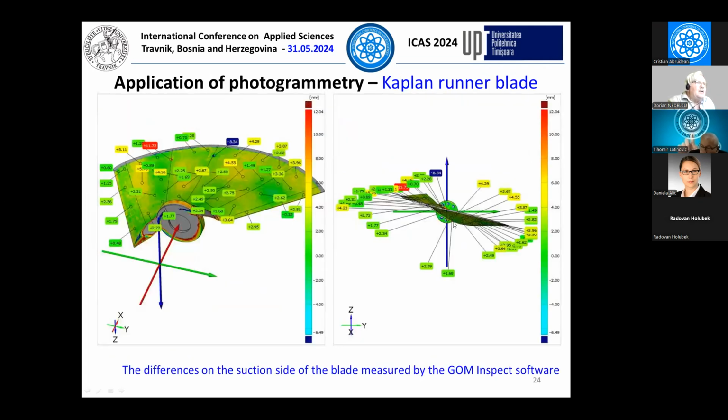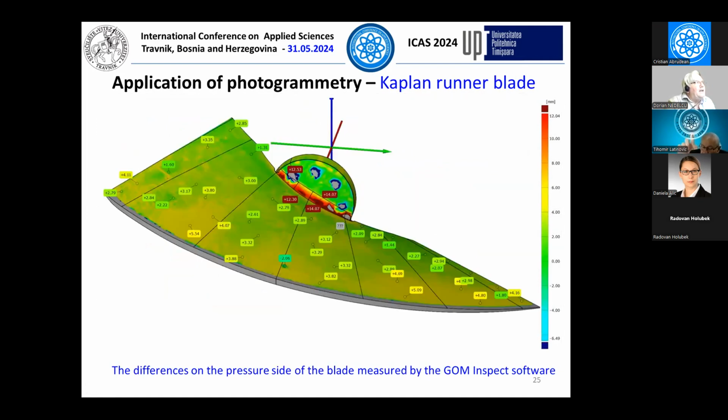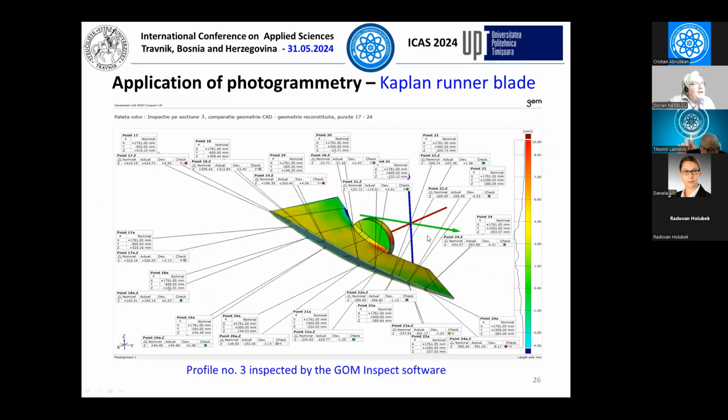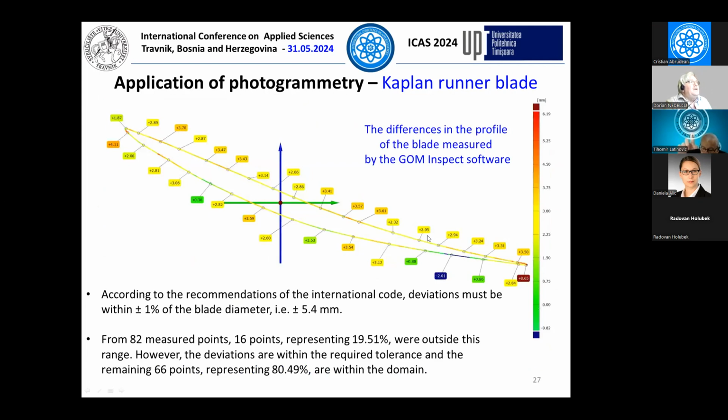So this difference is not so big for this huge dimension of the blade. Another picture with the difference between the project and the blade generated through photogrammetry. And these are the differences of the profile.